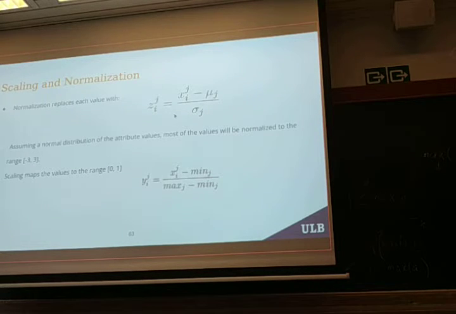So normalization, you could normalize, assuming a normal distribution, then you normalize by subtracting the mean and dividing by the variance. And like this, you expect that most of your data will fit into the range -3 and 3. But of course, there is no guarantee. Some data will be out of this range.